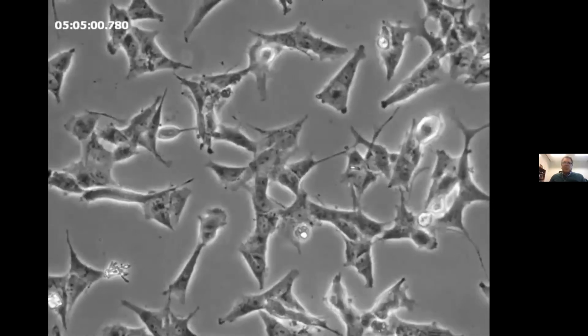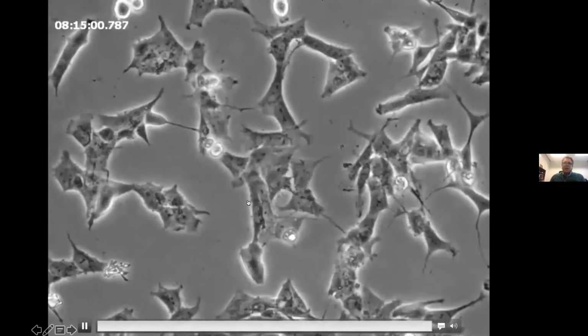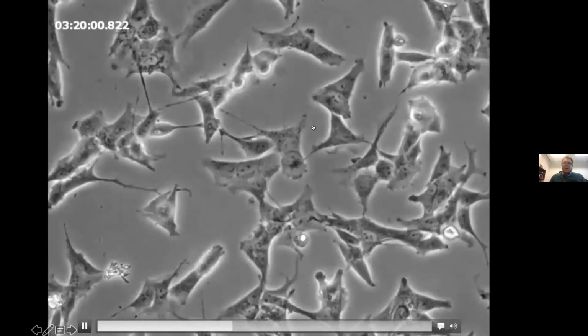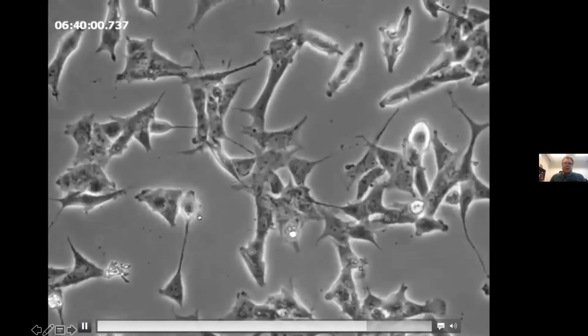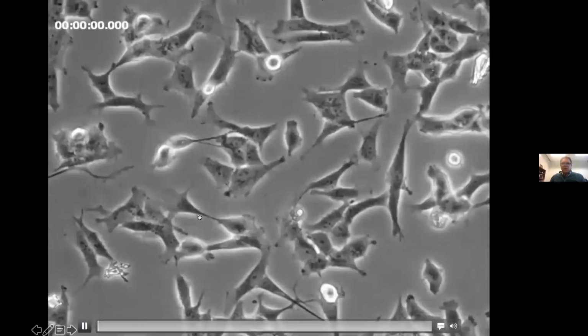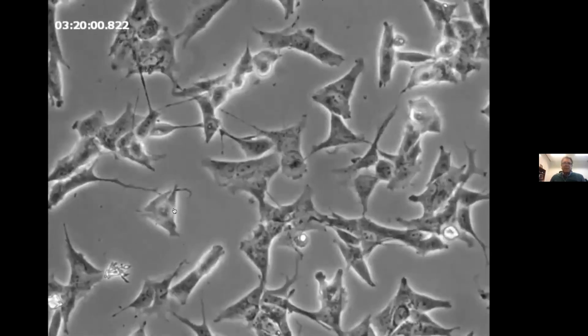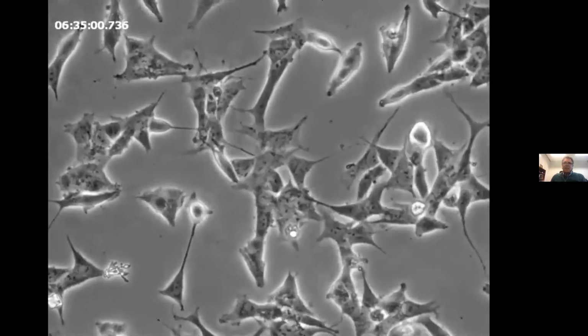So these are being grown in culture. And you can see here cells undergoing division. They are dividing all the time and they are creating new cells. And you can see that they are highly visible. This is, of course, done in a very fast time-lapse way so that we can actually see the events happening.